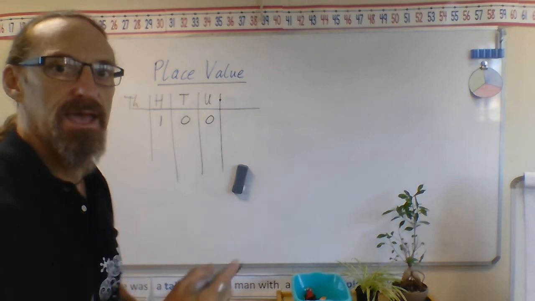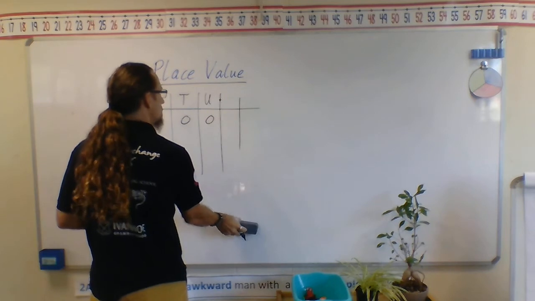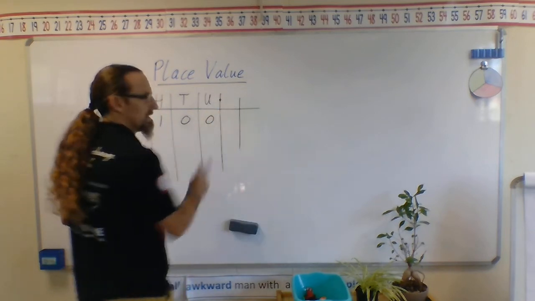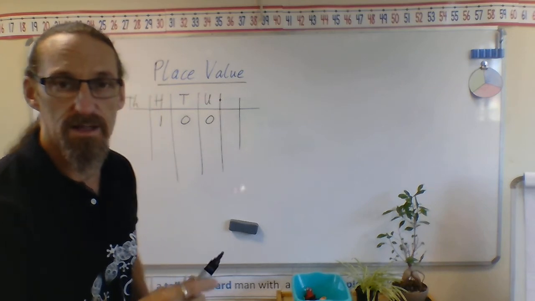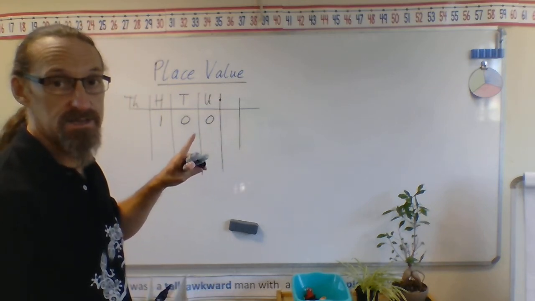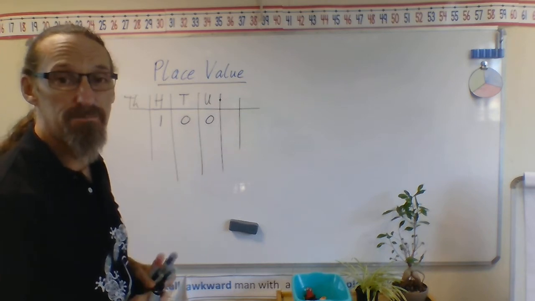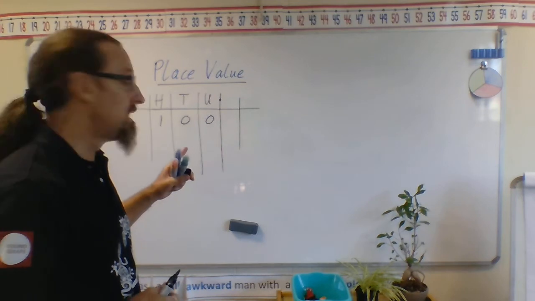Now let's go back to this column here. What's this column going to be called, and how many things can I put in it? Well, it's the same as the ones column, and the tens column, and the hundreds column, and the thousands column. I can only put 9 items into that column.